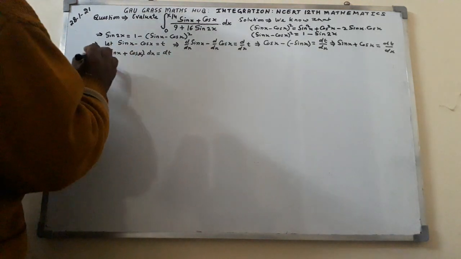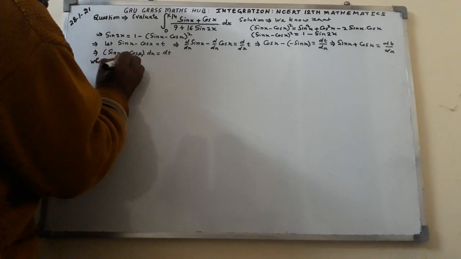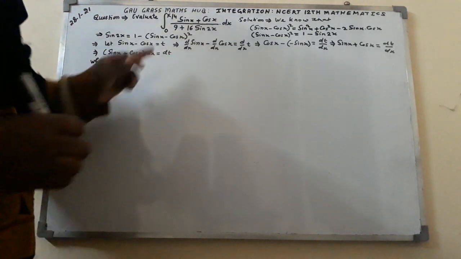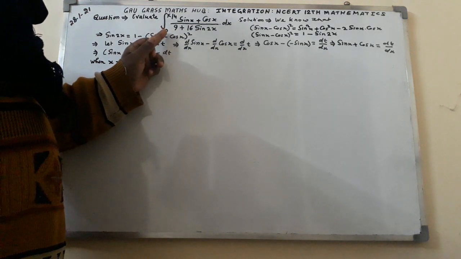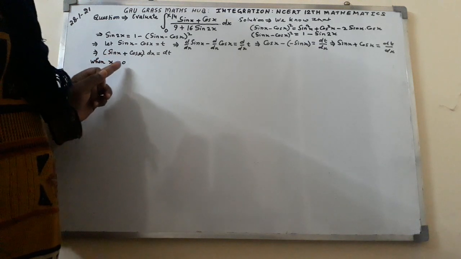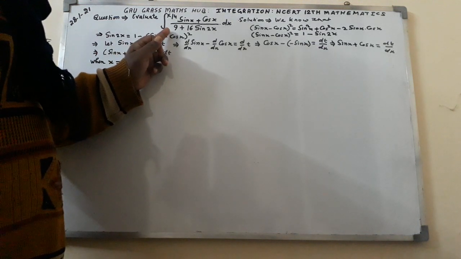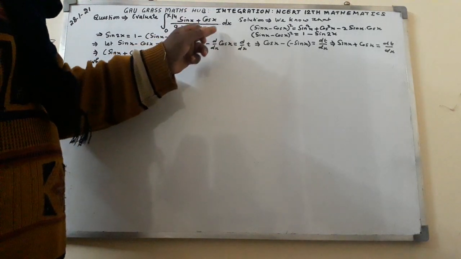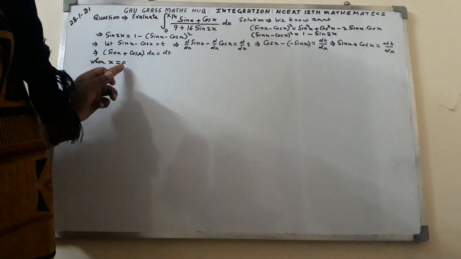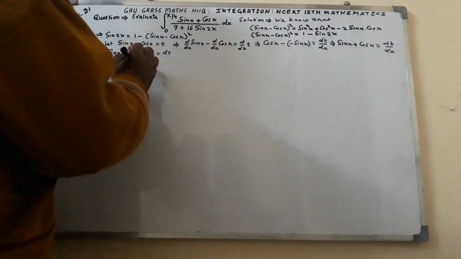And again, when x is equal to 0, here you can see the lower limit is 0. So when x is equal to 0, this means that lower limit is 0.